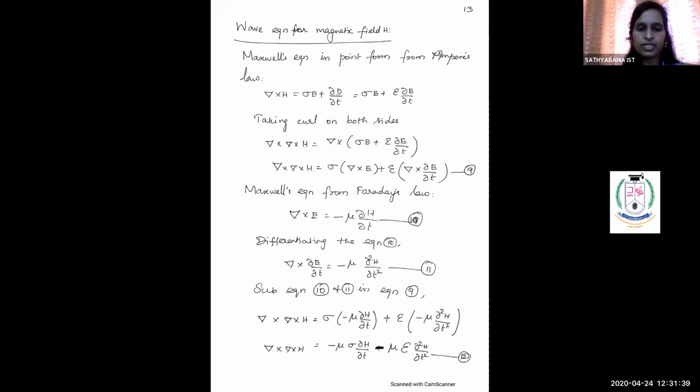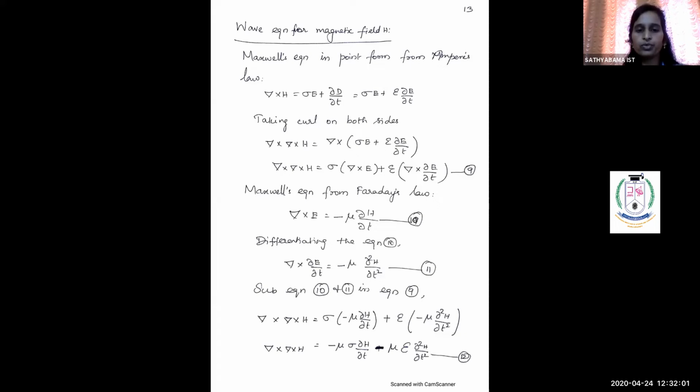See our equation number 10. This is Maxwell's equation from Faraday's law: del cross E is equal to minus mu into dou H by dou T, which is nothing but minus dou B by dou T. The same equation only.